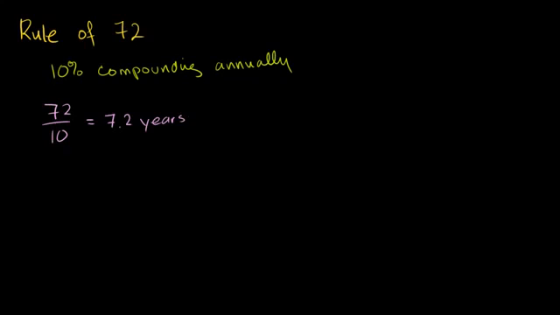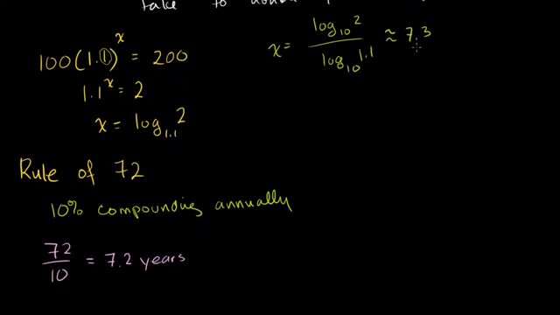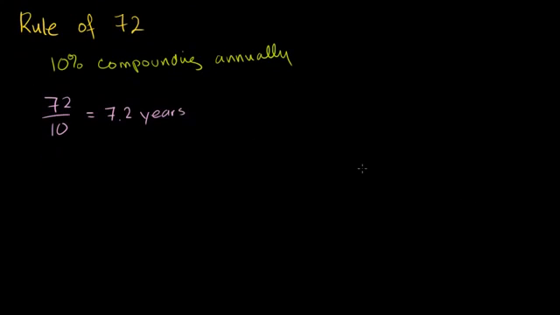So I got 7.2 years, which is pretty darn close to what we got by doing all of that fancy math. Similarly, let's do another problem. Let's say 6% compounding annually.